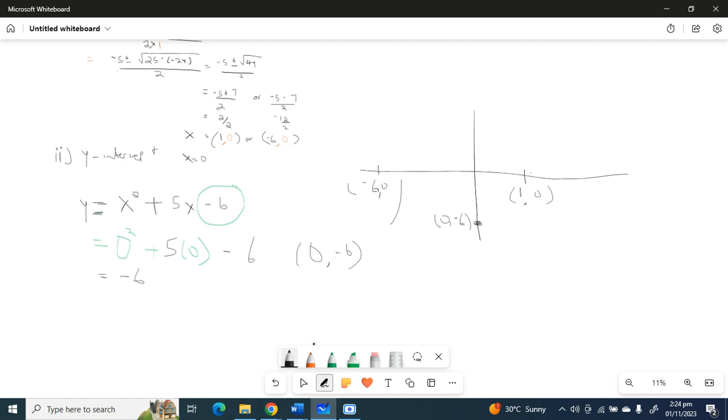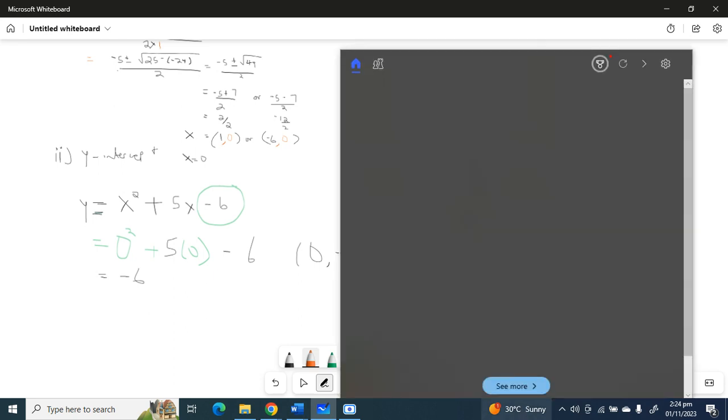So we can have an idea how the graph will look. We can draw it by just connecting the y-intercept and the x-intercepts, and this is how the graph is going to look. Any questions?